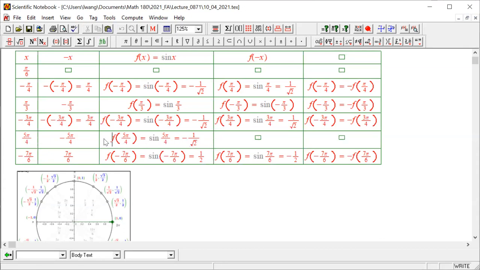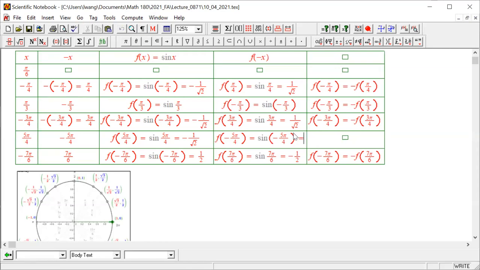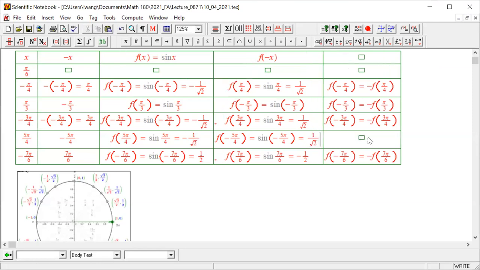And the other one, f of negative 5 pi over 4: you measure the angle clockwise, the terminal side is in the second quadrant, and you get 1 over root 2. Once again, we observe that f of negative 5 pi over 4 is the opposite of f of 5 pi over 4.